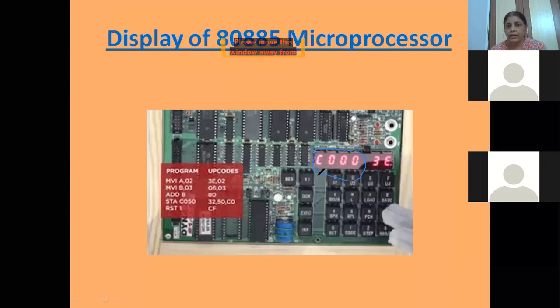So if I want to write an address, let's say यहाँ पे लिखा हुआ है, that is the address of your memory, C000. This is the address, and here you are going to store your data, because the data bus is 8 bit. So when you convert 8 bits into hexadecimal, it will be represented by 2 hexadecimal digits. So that's why we have this display.